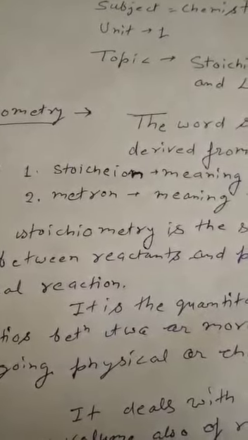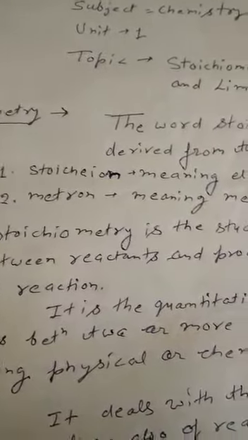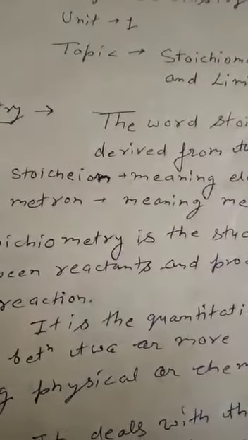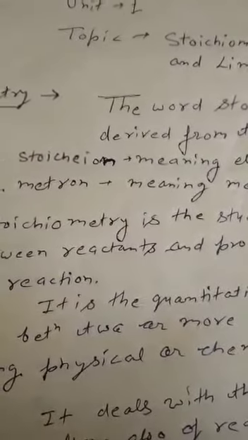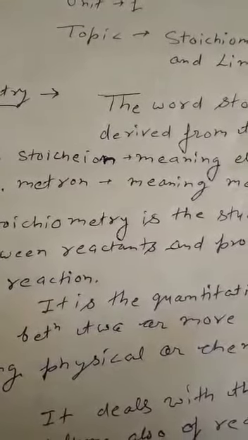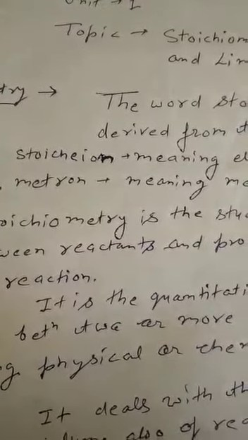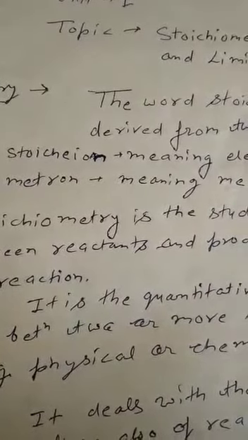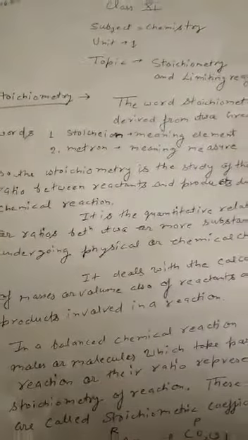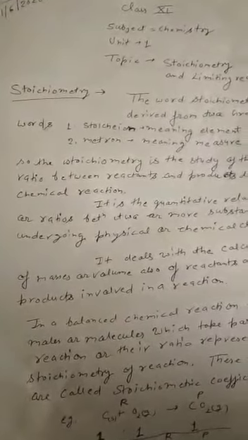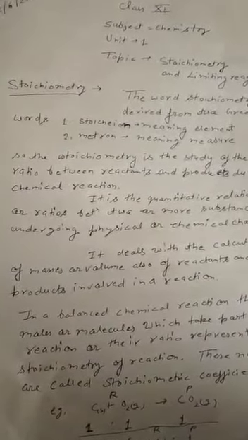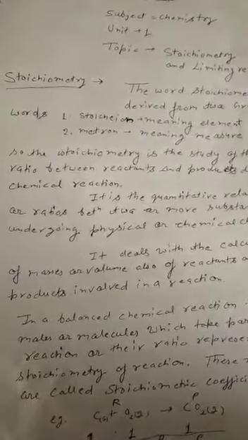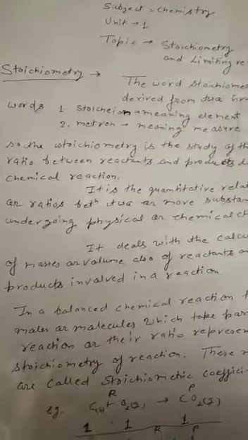This type of relationship between the number of moles, or their ratio, is included in stoichiometry. So we can say stoichiometry is the study of the ratio between reactants and product during a chemical reaction. Ratios of number of moles of reactant and product.